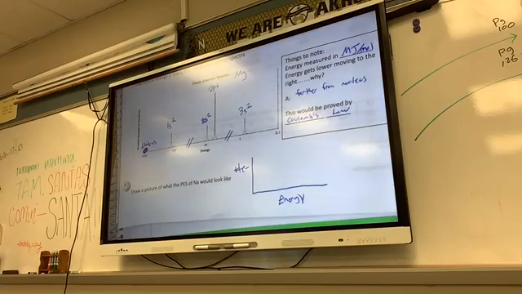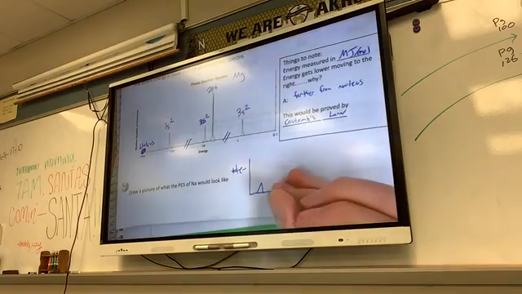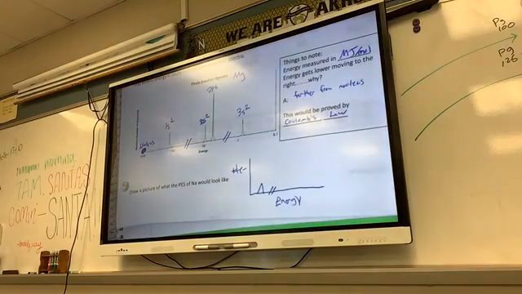I guess it's more of a peak than a triangle. Draw peaks. And these peaks have to be proportional to each other.